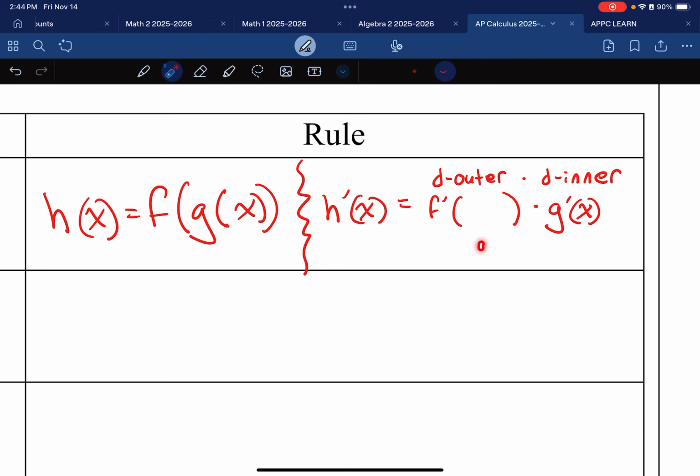And just as a way to remember, whenever you're doing the derivative of the outer, this inner does not get touched. It's still g of x. You have to leave the inside alone. So you should make a note on that. Leave inside alone. You do not want to touch it when you're taking the derivative of the outside.